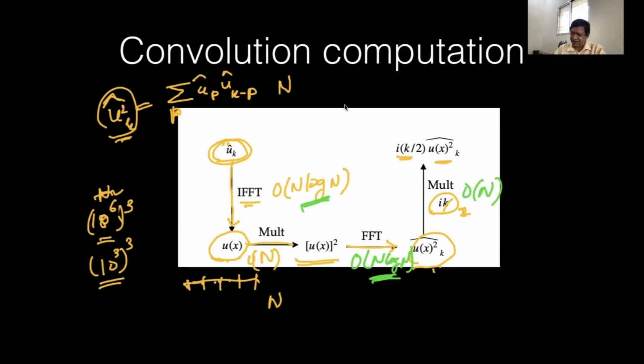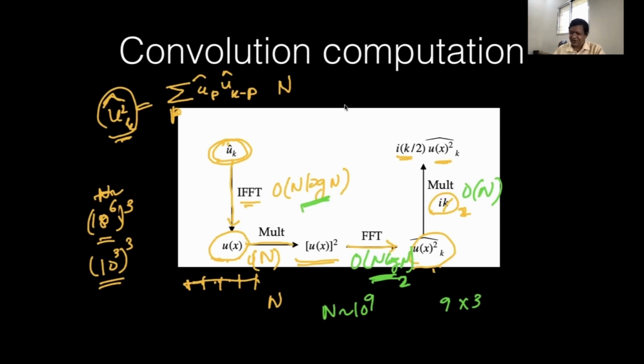Imagine that N is 10 to the power 9. Then log N, to the base 2, is 9 times 3 or 4, so it's about 27. So the factor is 27 versus 10 to the power 9.